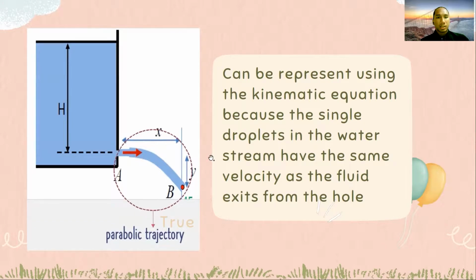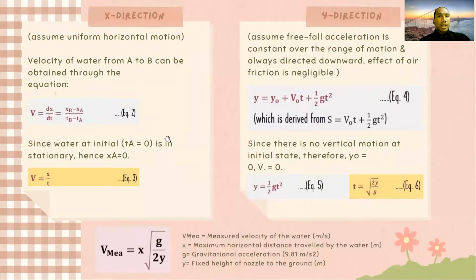Next, for the x direction, we can assume uniform horizontal motion. So the velocity of the water from A to B can be obtained through the equation v equal to delta x over delta t, where delta x is the change of x and delta t is the change of time.